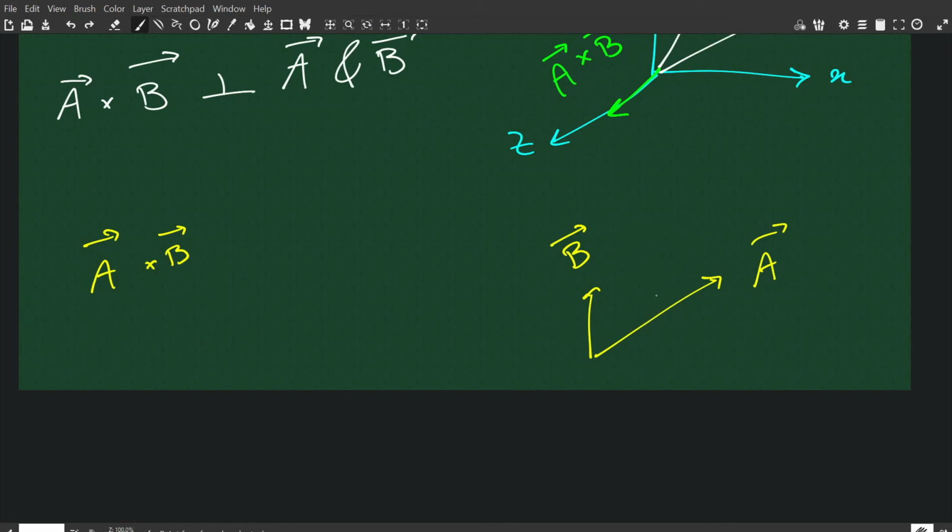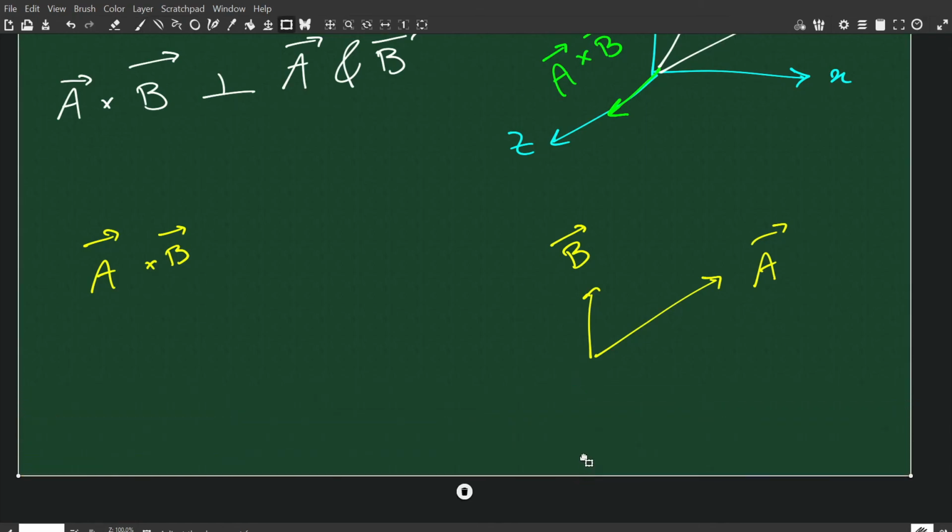Then to do it, you should put your hand in a way that your thumb is out of the screen. I mean, your thumb should be toward your face, and your thumb will show the direction of A cross B, that here is out of the screen toward your face.